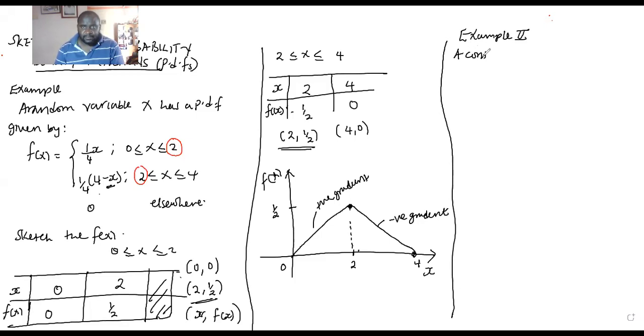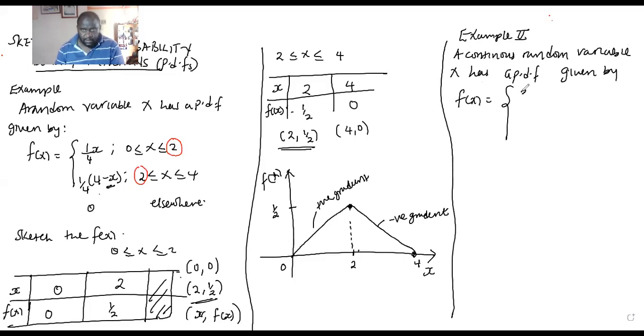A continuous random variable x has a probability density function given by f of x is equal to 3 out of 32 of x squared for 0 less than x less than 2, 3 out of 32 of 6 minus x for 2 less than x less than 6, and then 0 otherwise.